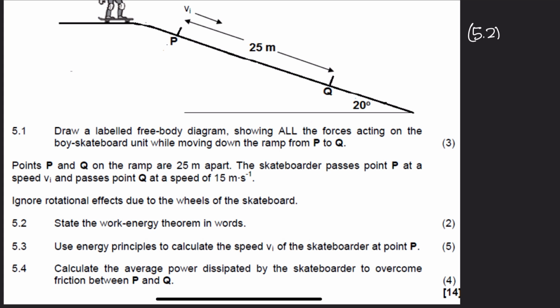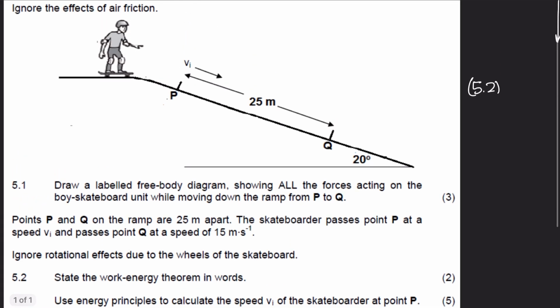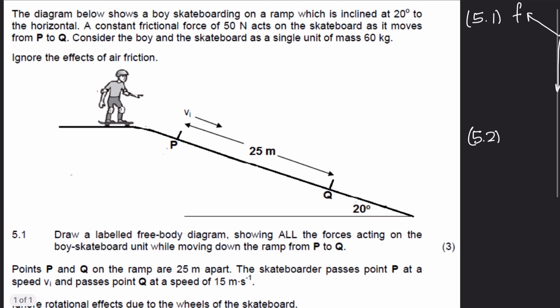Now, energy principles means use work energy theorem, but there are other equations that you could use. For example, you could use W_NC equals delta EP plus delta EK. That's one option. You could use W net is equal to delta EK. That's also an option.